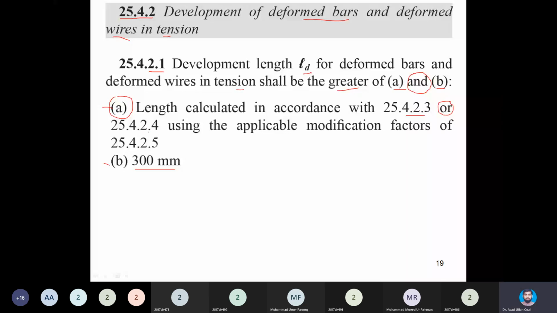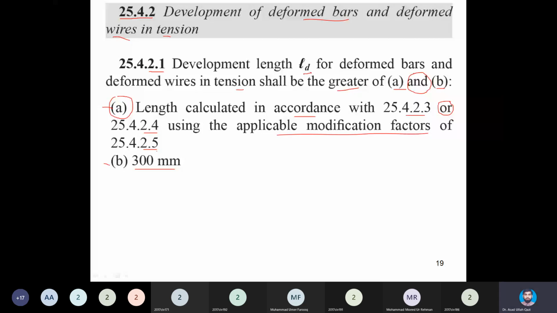So development length should be calculated in accordance with either 2.3 or 2.4 by using the applicable modification factors which are given in these equations, and those factors are summarized in table 25.4.2.5. So first we will discuss 2.3, then 2.4 and the applicable modification factors given in the table.